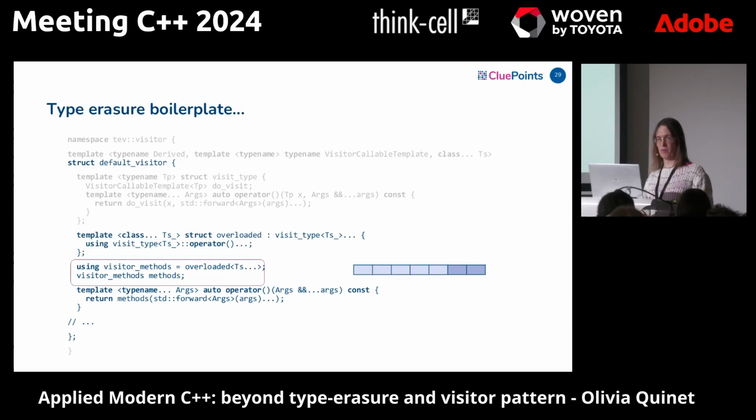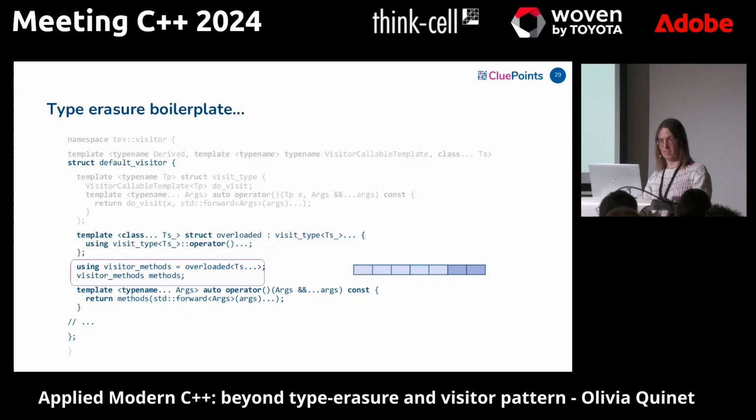But with this, we are not there yet. We still need an actual visitor. And so we can define a default visitor, again a template, that will use the curiously recurring template pattern, because we have derived as a first argument. The second template argument is a visitor callable template, so that can be a type. And then we have the list of types that the visitor will handle, so the Ts.